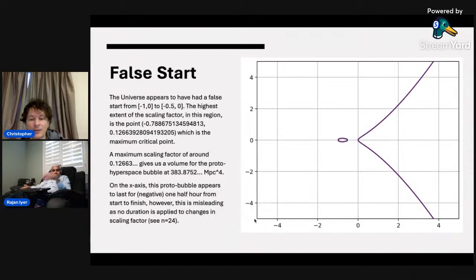So the x-axis here cannot be seen as the total time series. The point I'm making is that this bubble universe could have lasted for an infinite amount of time, or anything up to that, before coming to an end, and then this expansion rate beginning. So that's kind of misleading there.